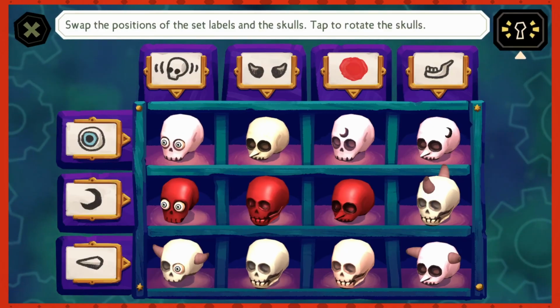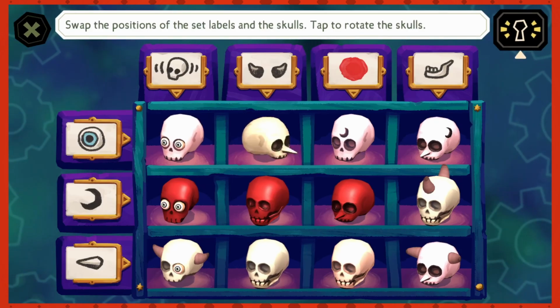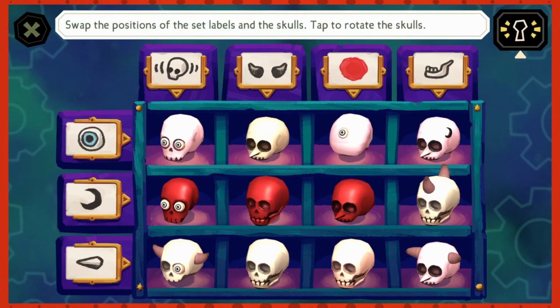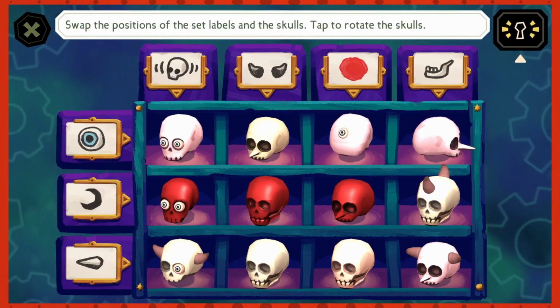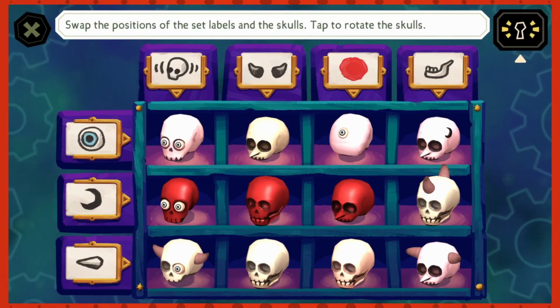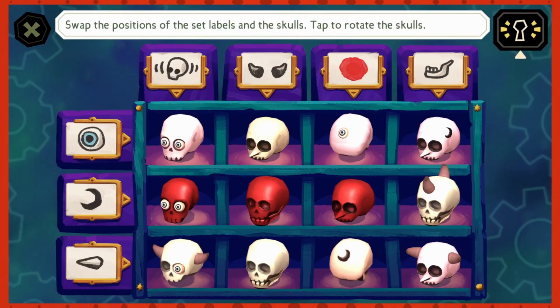But there are also only three that have eyes, though. Ah, this one has an eye, too. Okay. So that's interesting. So that means there's actually four of them that have eyes. So do any of them have like a... There's an extra moon.